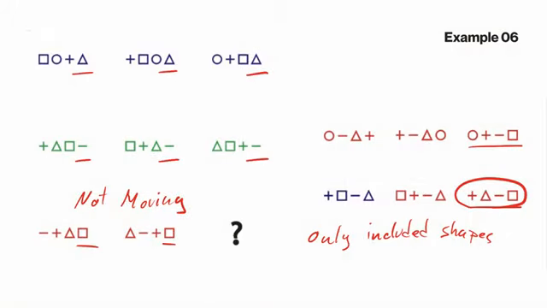Now, sixth example. Okay, so this one is actually kind of hard. For me, it's hard, and I should be intellectually gifted, but we can solve it, or I can solve it, and you can too.